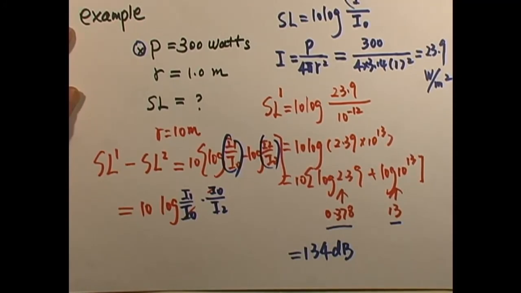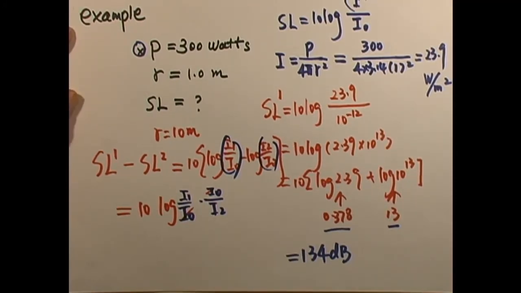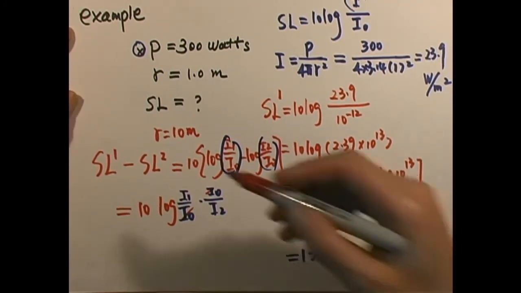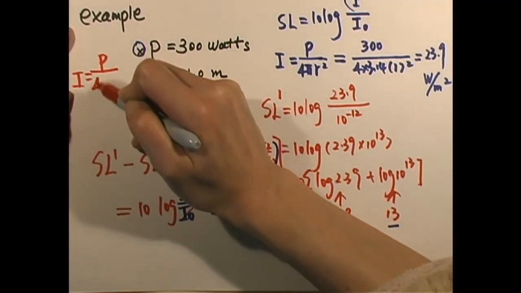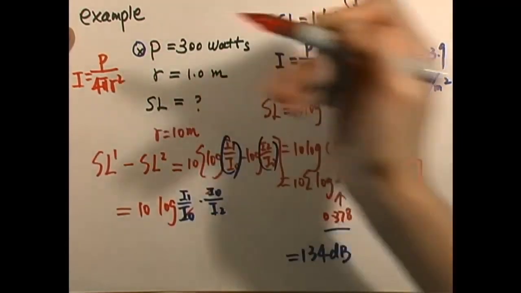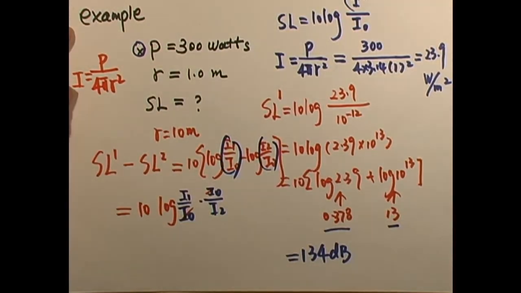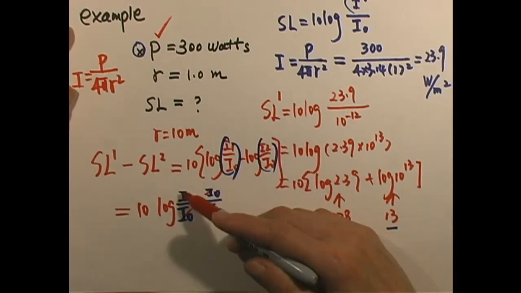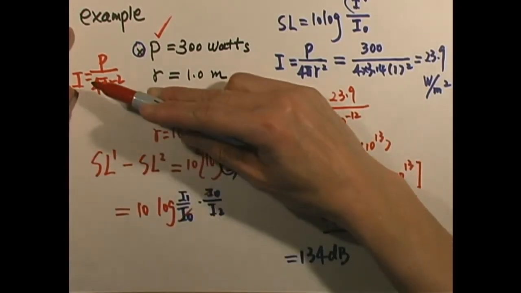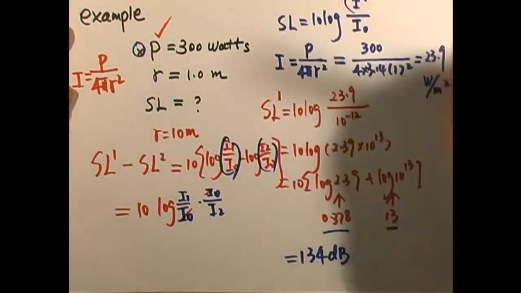Let's look at the intensity case. The intensity is defined as power divided by 4 pi r squared for a point source. Now we are talking about the same power source. Therefore, the ratio of the intensities is actually the reciprocal ratio of r squared.